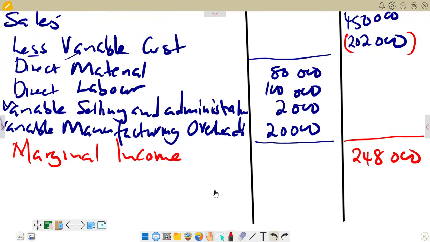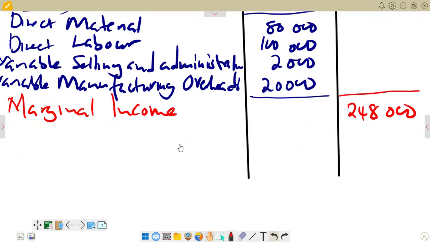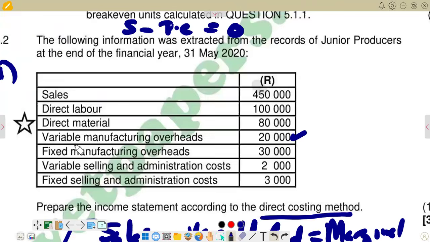And for the marginal income, we are now supposed to subtract fixed costs. So we put the total here, then we list the fixed costs that we have. We go back to check what we have. In terms of fixed costs, we have fixed manufacturing overheads 30,000, and also we have fixed selling and administration cost 3,000.